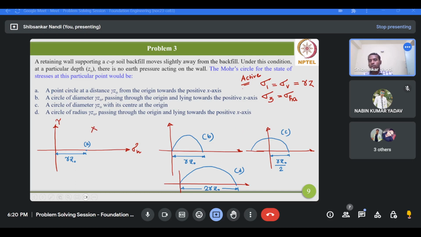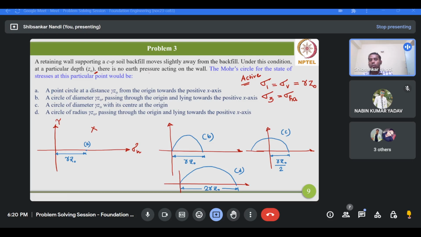Now we'll talk about the problem scenario, where the state of stress is at a particular depth Z0. At depth Z0, your sigma 1 would be sigma V, and it would be gamma times Z0. The value of Z is given to you as Z0. So sigma 1, the major principal stress, would become gamma times Z0.